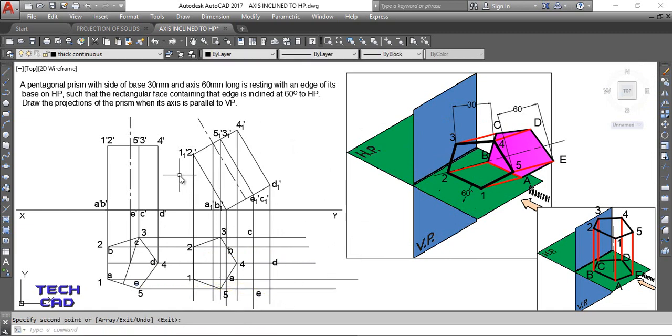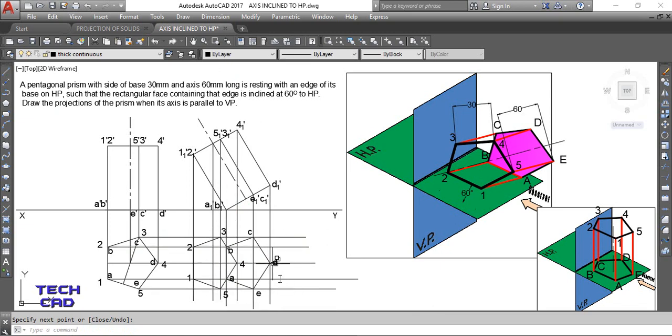Okay, now you are going to make these points connected, so I'll take this line and start from C as well. This one E, this is A, this is B, and last one is C. Okay, so this is the other face, that is the A, B, C, D, E face.